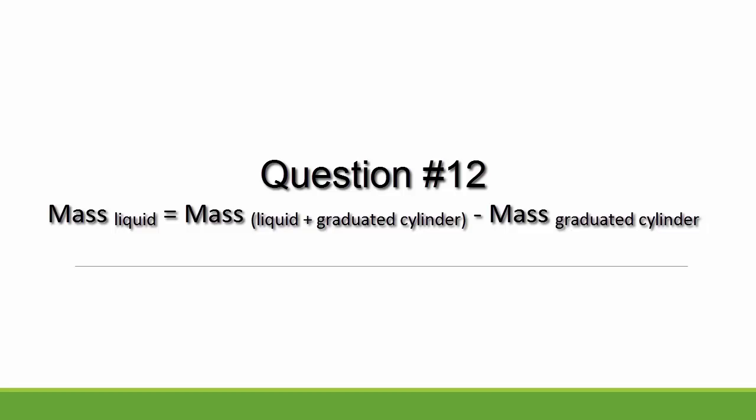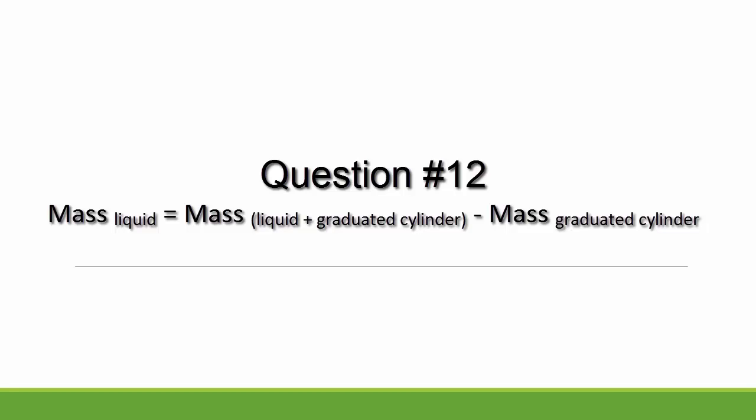So the mass of the container plus the mass, let's say the liquid in this case, that's one measurement you made, minus the mass of the empty container equals the mass of the liquid.